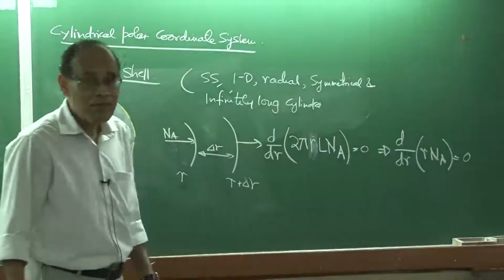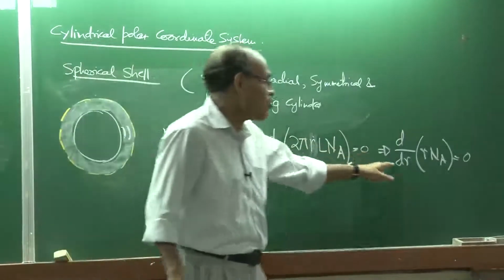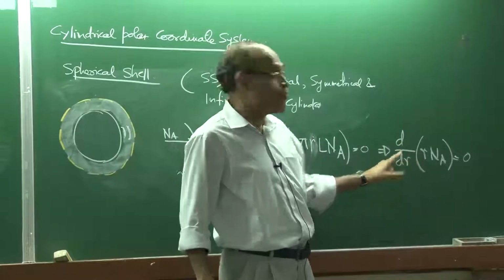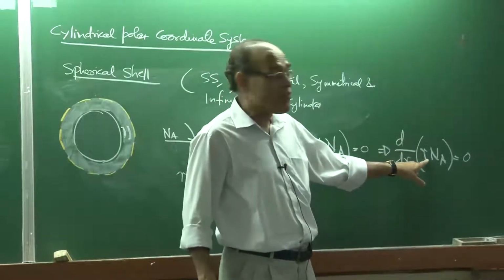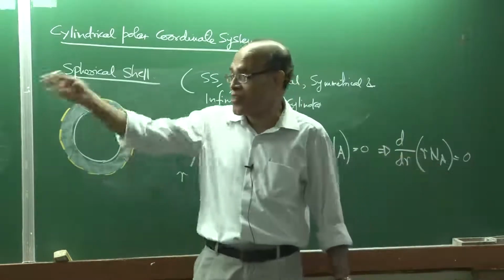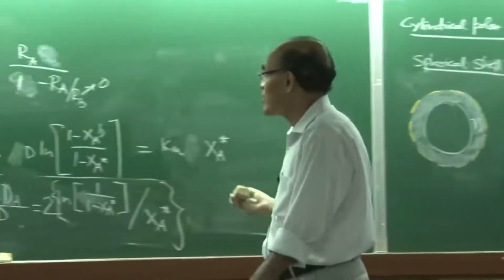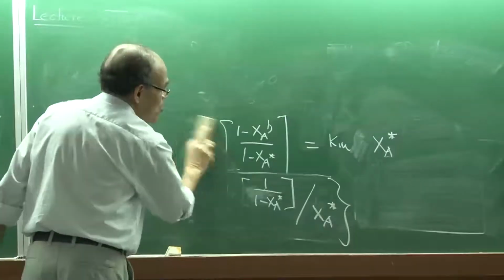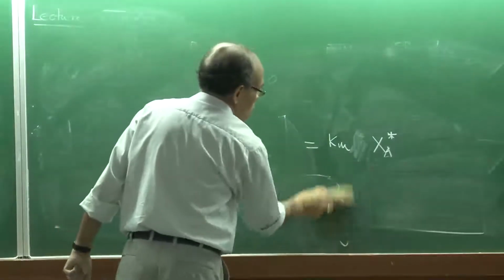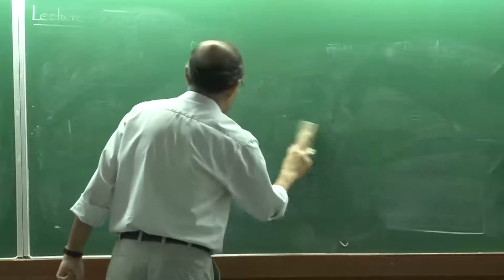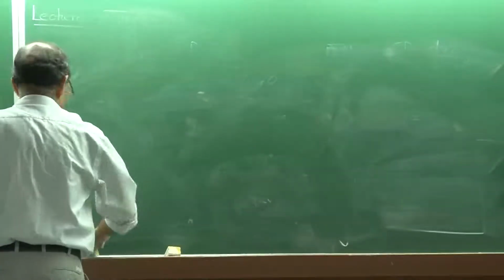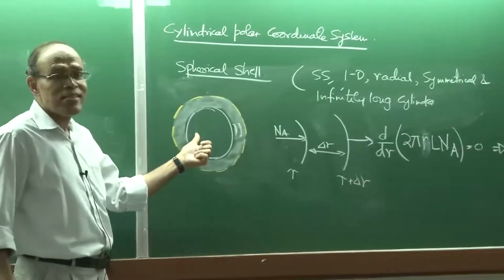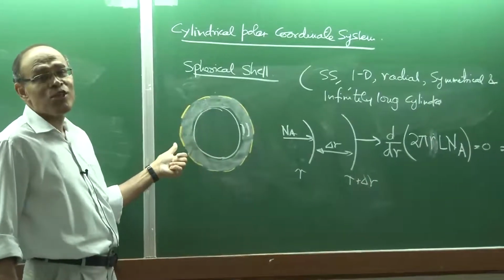So you remember now. If you have a Cartesian coordinate, R does not appear. If you have a cylindrical coordinate, R appears as r to the power 1. If you have a spherical coordinate, the conservation applies as r square Na is equal to constant, as we have seen in the context of the previous problem. So we can now apply a boundary condition, and it may be the same problem as you have considered. For example, a gas is diffusing through the solid spherical shell.